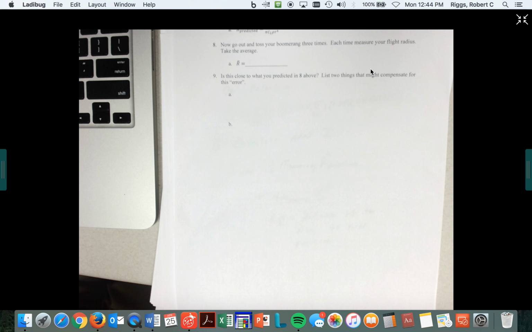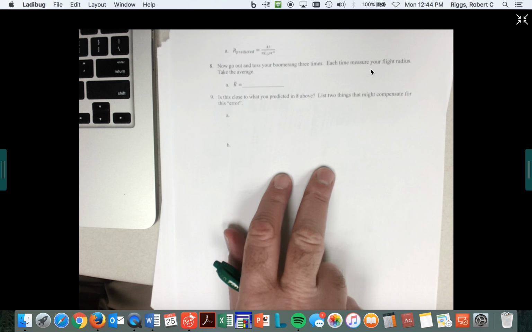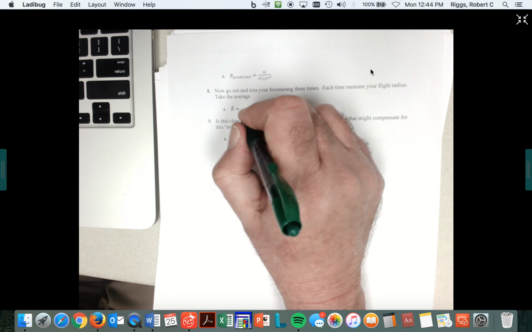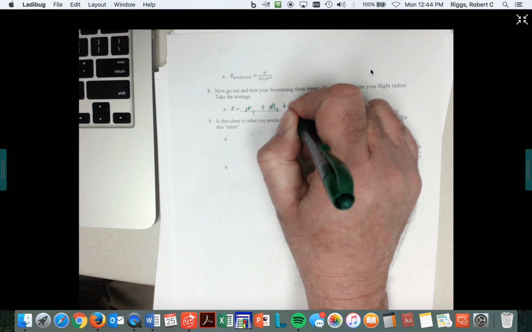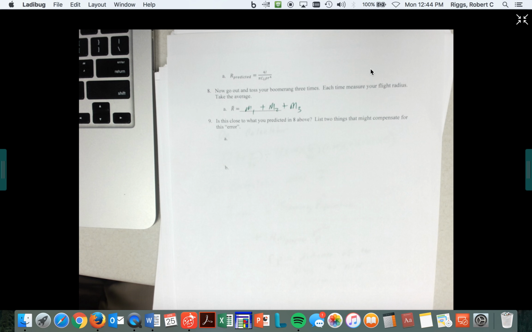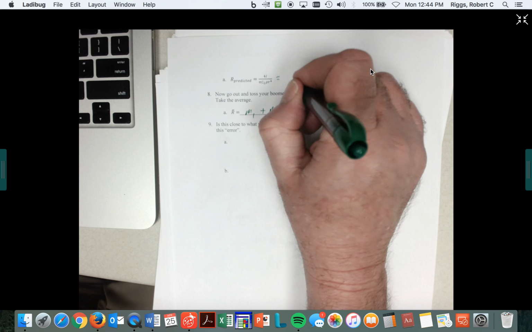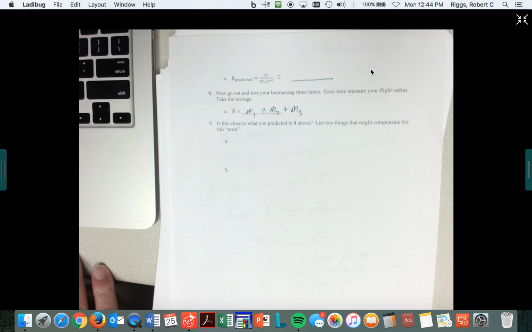All right. And then you're going to go find your 3 R's again. Measurement 1 plus measurement 2. This is your radius after you throw it. Measurement 3, and you'll write down your predicted here. All right, these are the ones you predicted.